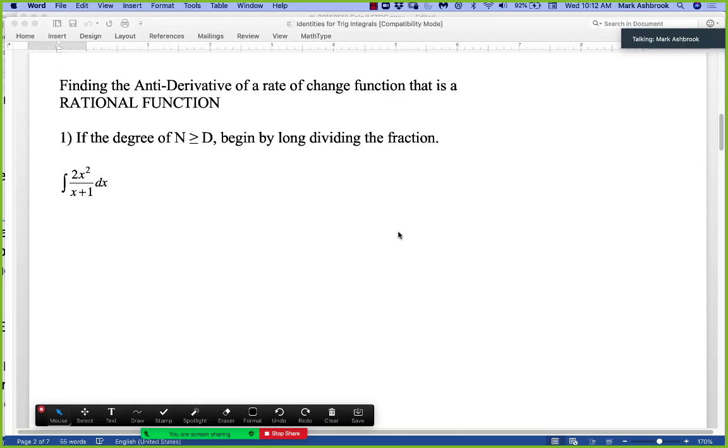Which is rational functions. So this is kind of closing this last chapter, starting a new chapter here. If your rate of change function is a rational function, what is a rational function? It's the quotient of polynomials.